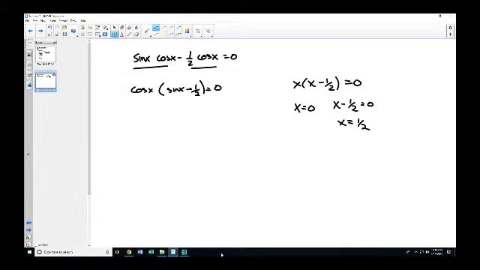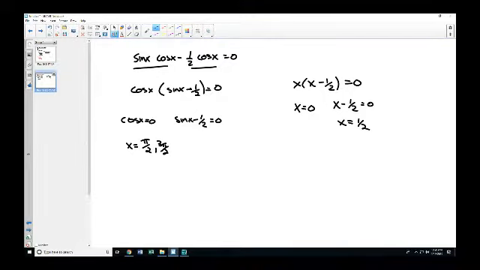Okay, same concept. We need cosine x equals 0 and sine x minus 1/2 equals 0. It's the same algebra. Okay, so where is cosine 0? 90 and 270.